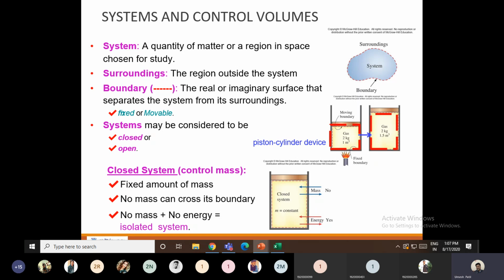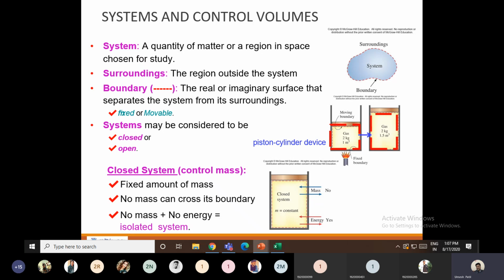Now, we are continuously using the word system, and onwards we are going to use this word consistently. So, what do you mean by system? It is clearly mentioned on the slide. System is nothing but a quantity of matter or a region in space chosen for study.